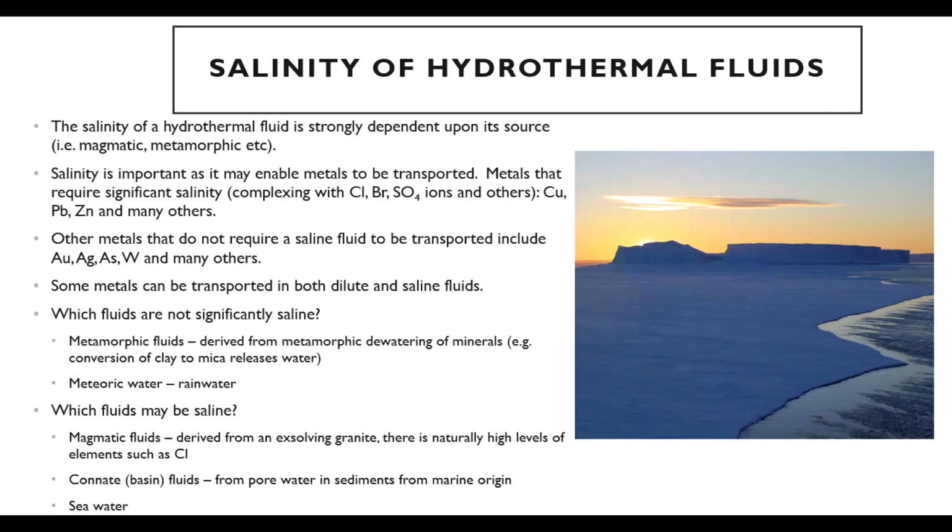Basin fluids, pore fluids from sediments, makes a bit more sense. You have different cements and things like that, and seawater, surprise. So from a broad first order, you can see how things like orogenic gold like low saline fluids, so it's more likely to come from metamorphic systems compared to other metal associations.